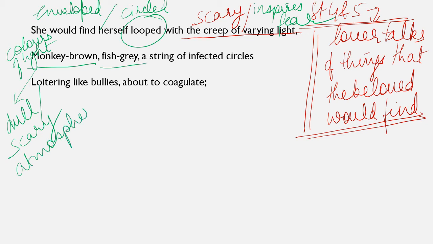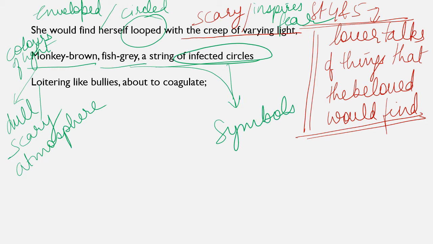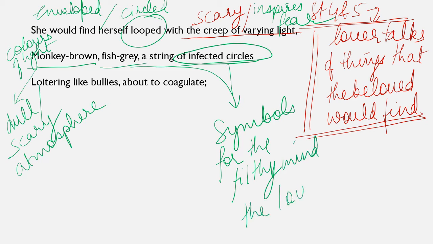Colors, he says, monkey brown, fish gray, a string of infected circles. I had also explained to you in the poetic devices that how these are symbols for the filthy mind that the lover has. So he is judging his own mind.